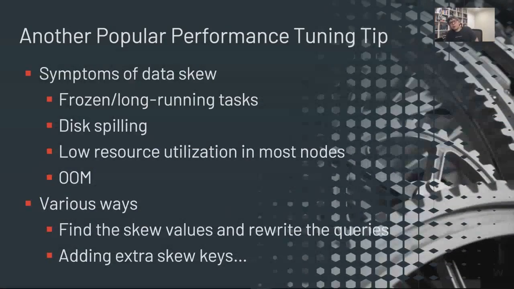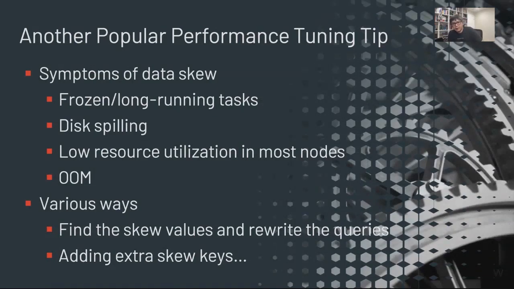One more popular performance tuning tip is about data skew. Data skew is very annoying. You could see some long running or frozen tasks, a lot of disk spilling, a very low resource utilization rate in most nodes, and even out of memory. Our Spark community might tell you many different ways to solve such a typical performance problem.